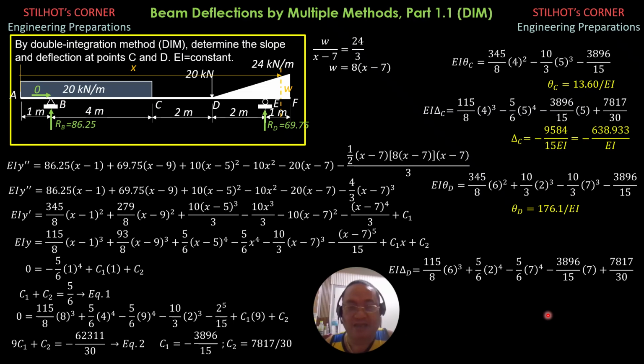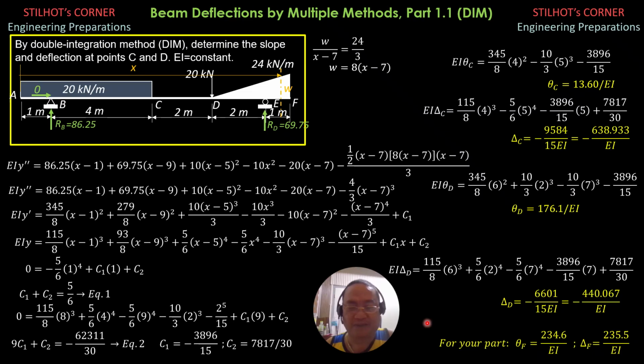So delta D can now be found. It is equal to negative 6601 over 15 EI or negative 440.0637 over EI.